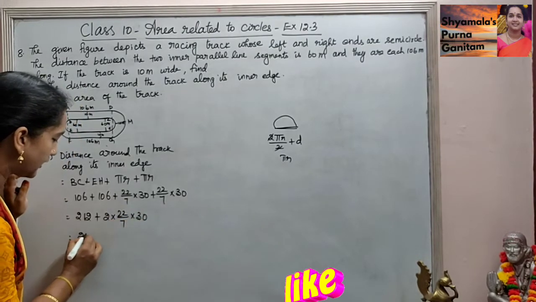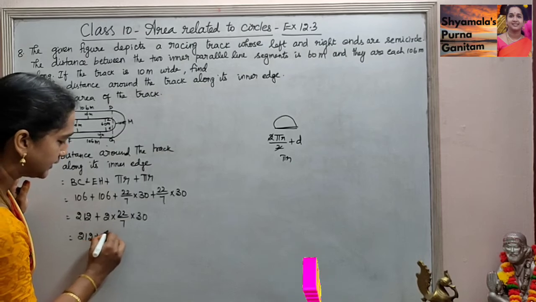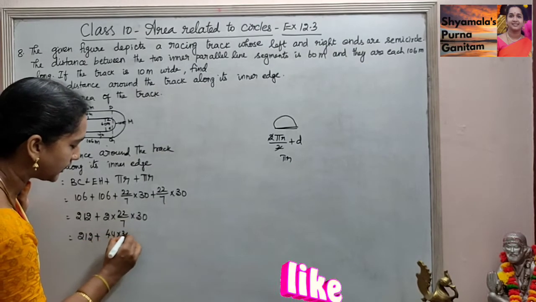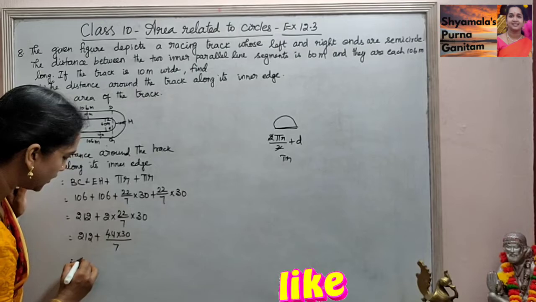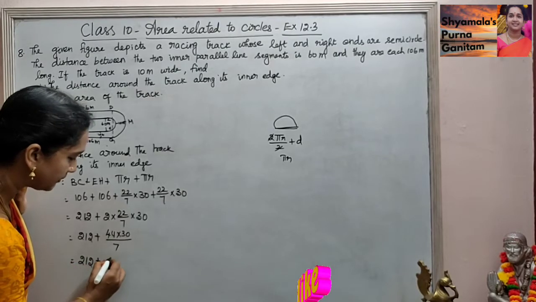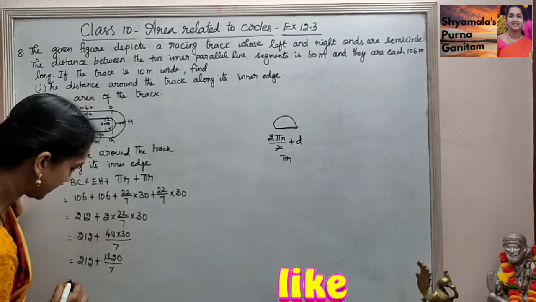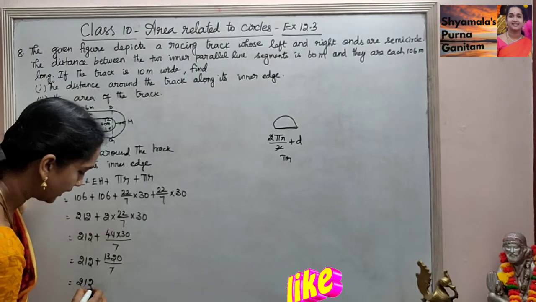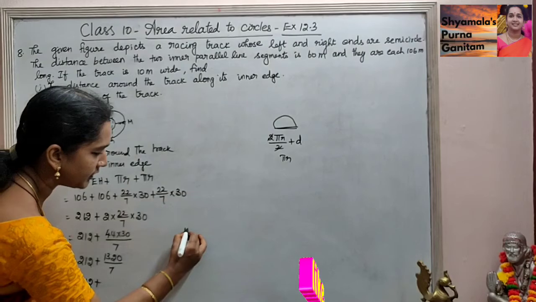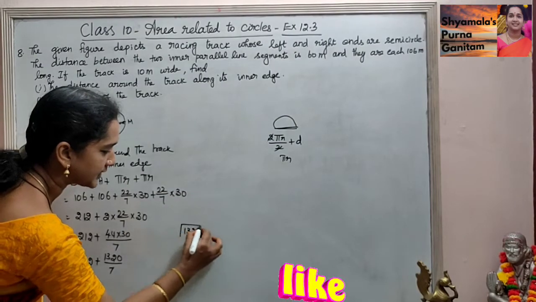So this is 212 plus 44 into 30 by 7, that is 212 plus 1320 by 7.